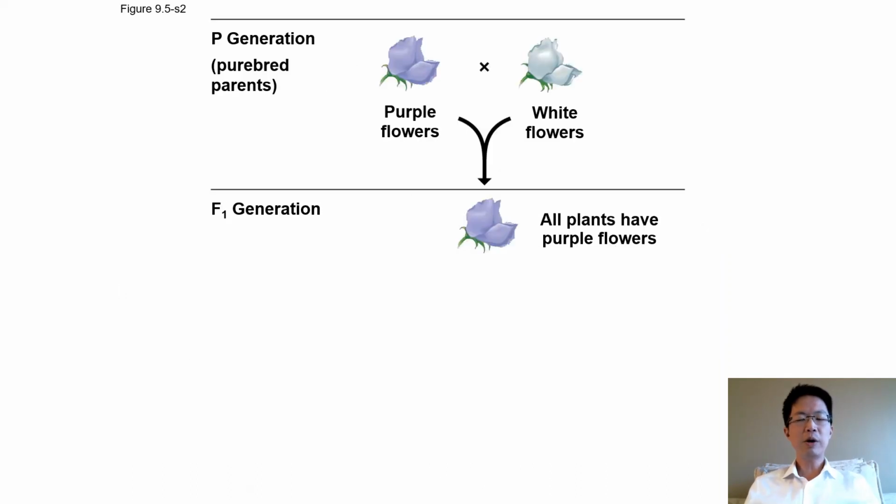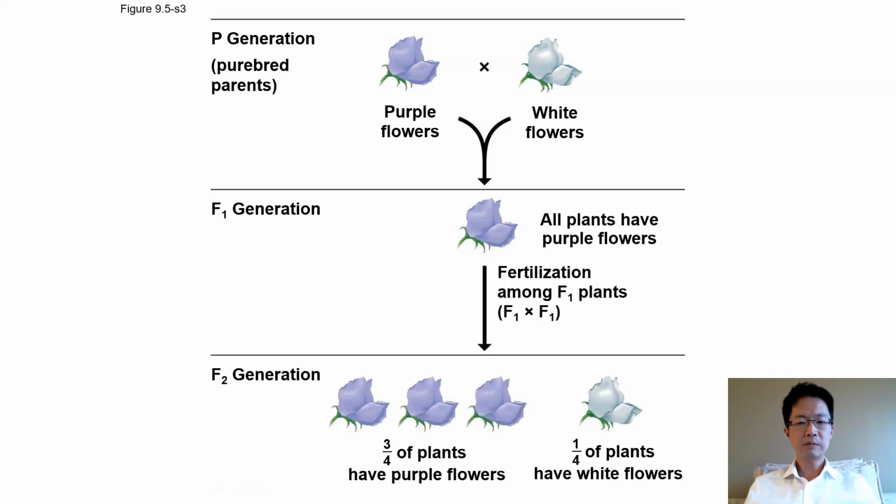Why? Because when he crossed the F1 generation among each other, so basically he's crossing purple flowers among purple flowers, in the F2 generation he got some purple flowers and some white flowers.